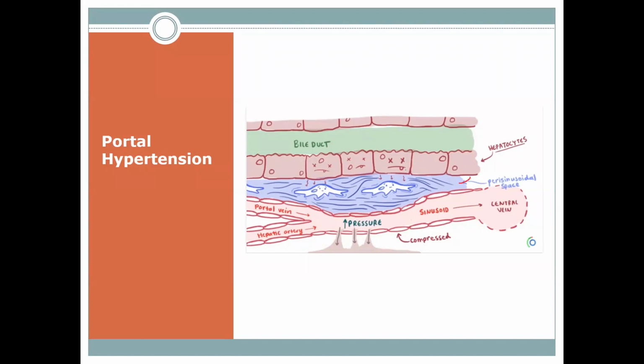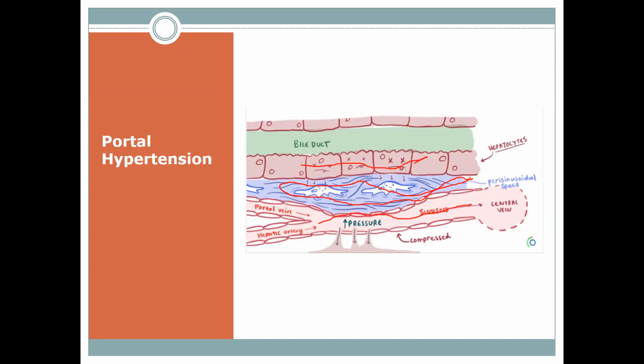Under normal circumstances, this space is lined by a very interrupted and thin layer of type 4 collagen. That is done by design, because you do not want anything to come between the hepatocyte and the blood that is running in the hepatic sinusoids.